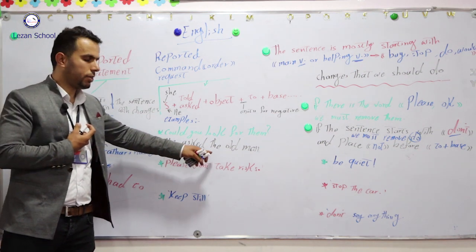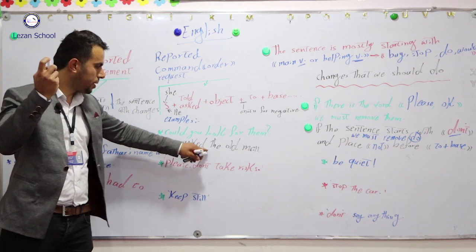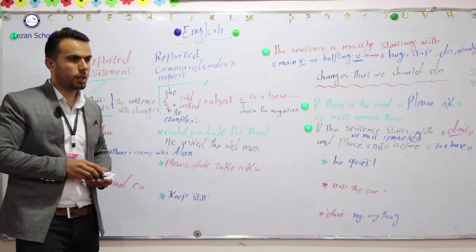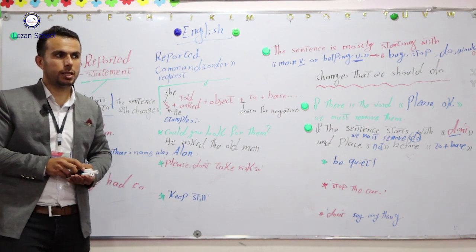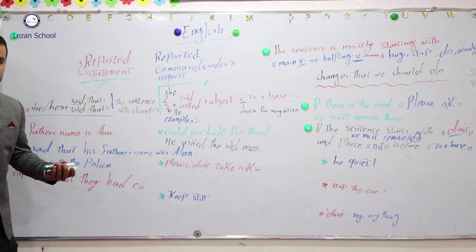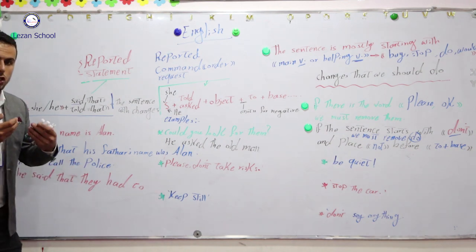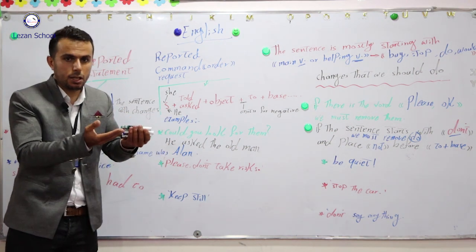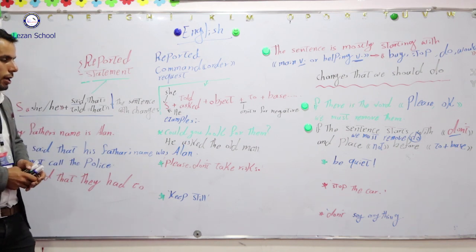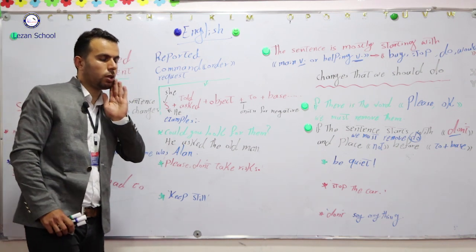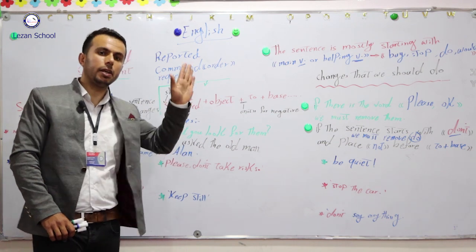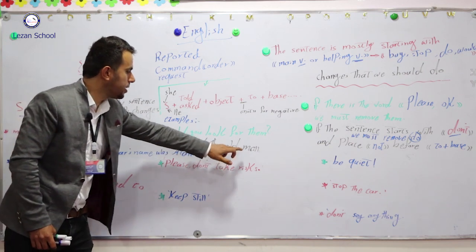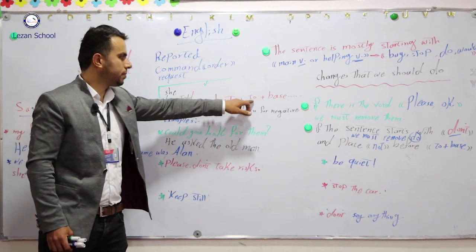There are a lot of objects that we can use. For example, there is a man missing, and someone goes to the police station and asks them, could you look for them? He is asking the police. So when I hear the news and I tell someone else, he asked the police plus what? To.